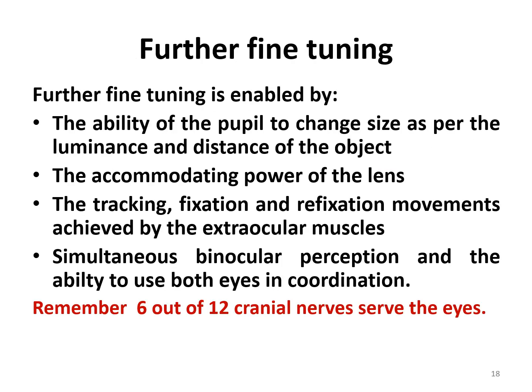Further fine-tuning is enabled by the ability of the pupil to change size as per the luminance and distance of the object, the accommodating power of the lens, the tracking, fixation and refixation movements achieved by the extraocular muscles, simultaneous binocular perception, and the ability to use both eyes in coordination. Remember, 6 out of 12 cranial nerves serve the eyes.